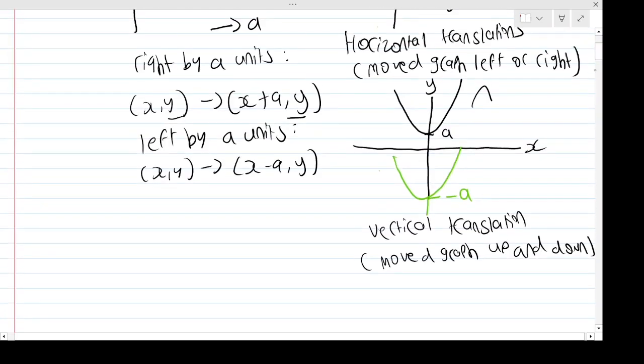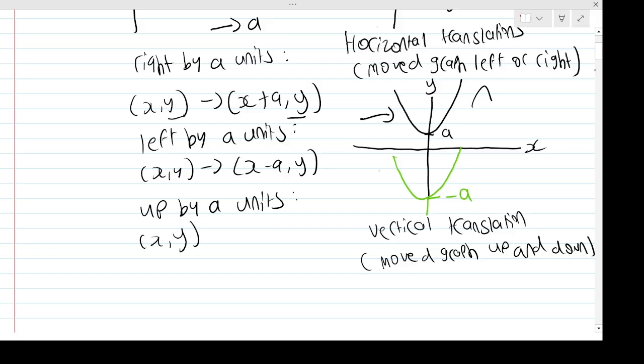And then if we want to move up by a units, we're going to look vertically now, so this graph firstly. If we want to move up by a units, we again take any point (x, y), and then that translated point would go to (x, y plus a), because the x coordinate will stay the same, since we're not moving it left or right, we're just moving it up.